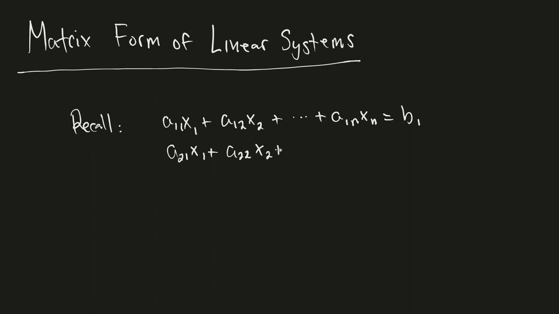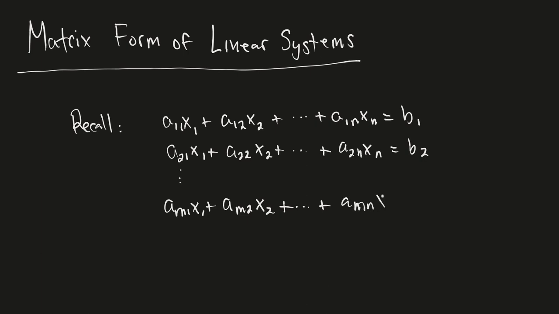It's not fun, and in fact this is one of the reasons why that augmented form is so useful. And then let's generalize it. We go down to the mth equation, and then we have our a_mn x_n, and then b sub m. So this is our standard form for writing a linear system.